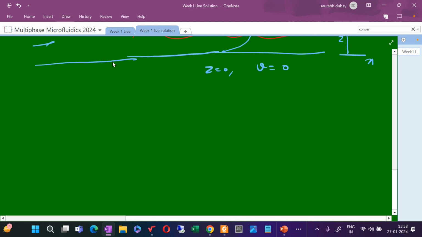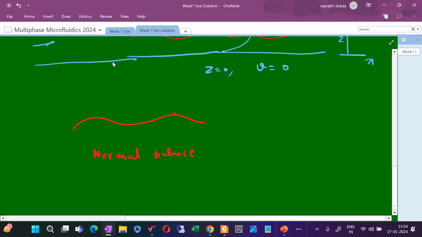For example, this is the interface here. There will be a normal balance: if a molecule is here and has to stay here only, then whatever force acts on this molecule from the top and from the bottom has to be equal. That is nothing but the normal balance.